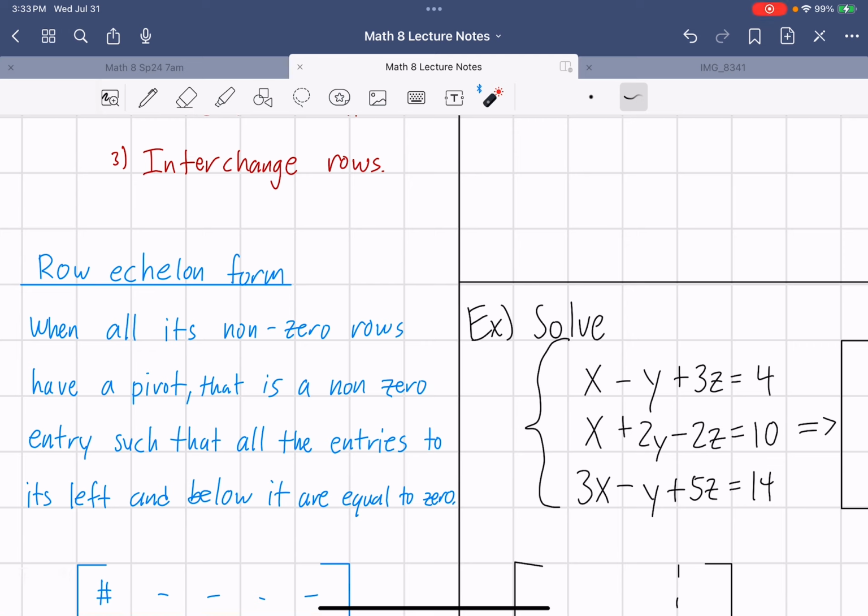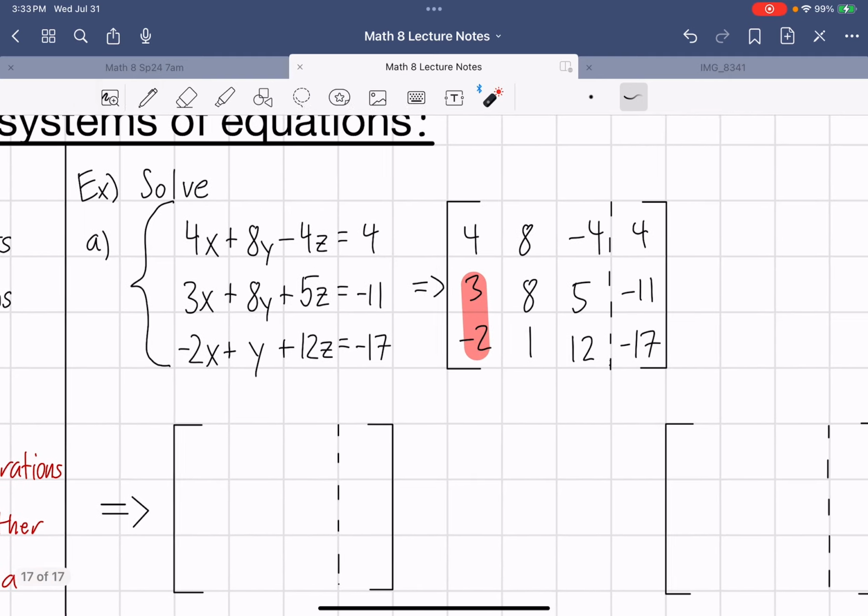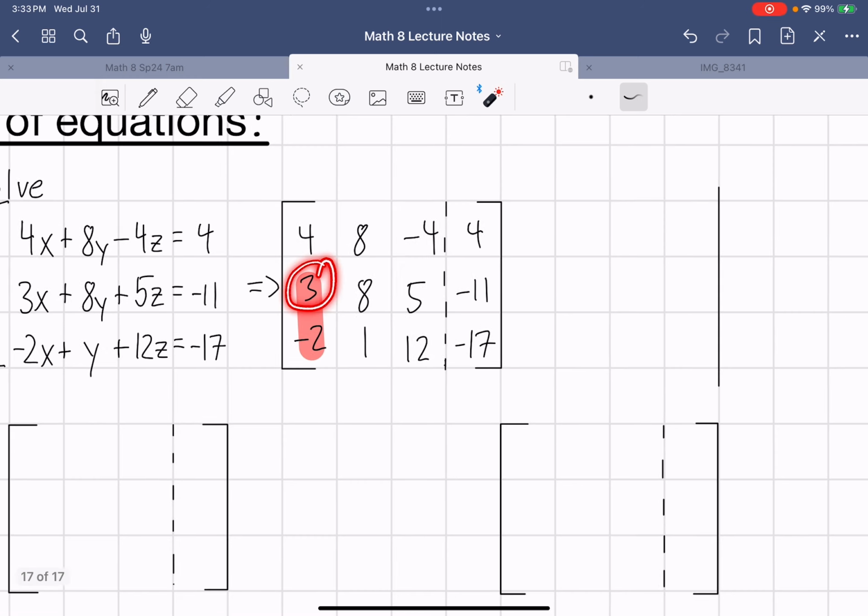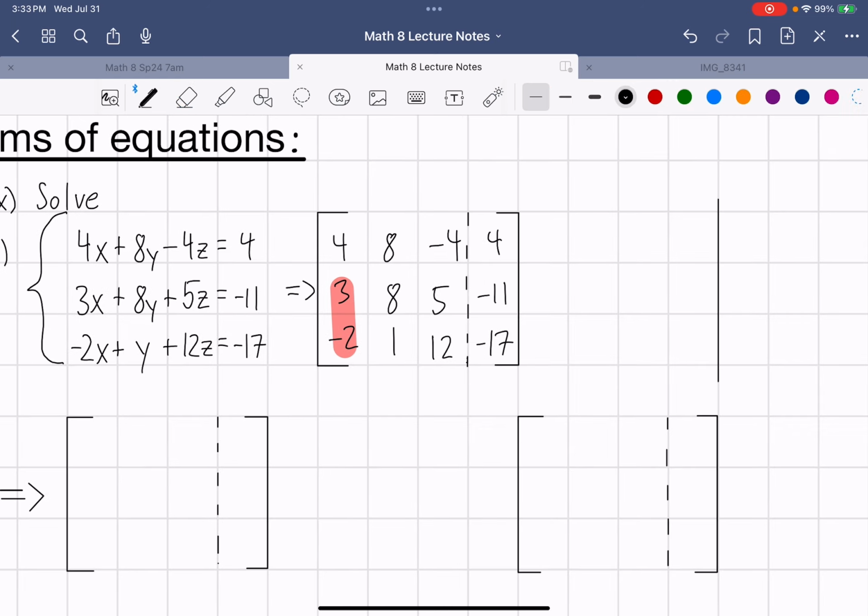So with all its non-zero rows have a pivot, so that's that non-zero entry, such that all the entries to its left and below are equal to 0. So that means I need to get these two numbers to equal 0. But I can only add two equations at a time. So I'm going to start with trying to get this value to be 0.